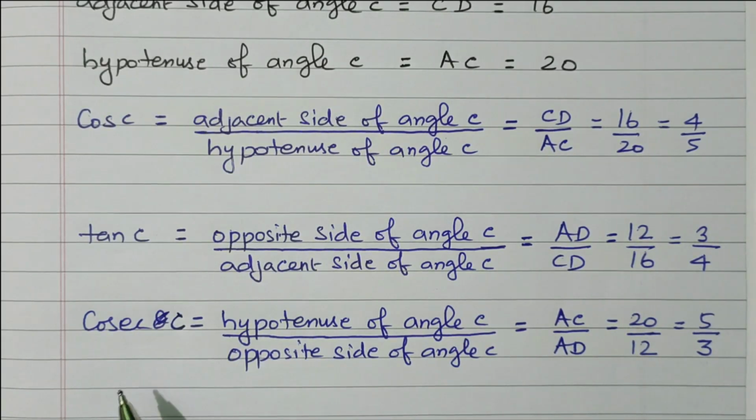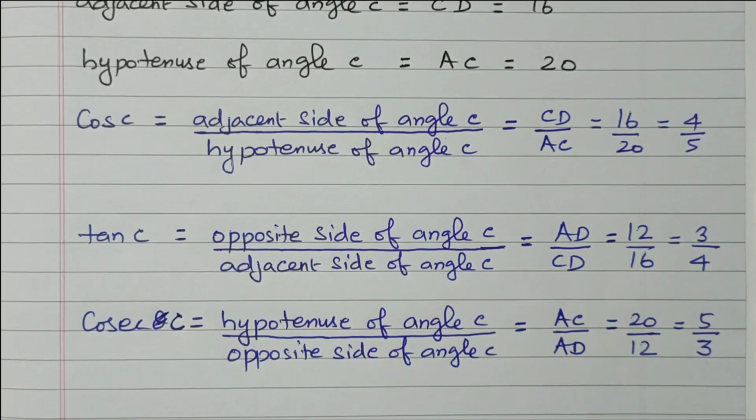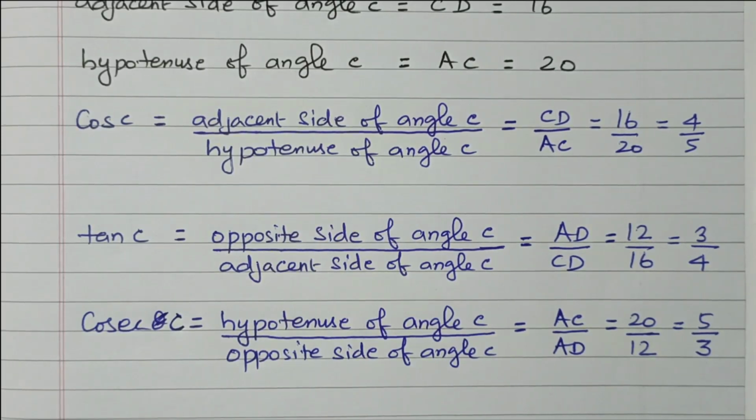So in this problem, the diagram is given that contains two triangles, referring to angle B and angle C. By using angle B, we calculated the first three values. By angle C, we calculated the remaining three values. By referring to the first triangle, we calculated the third value. By referring to this third value and another value given, we calculated the remaining value in the second triangle.